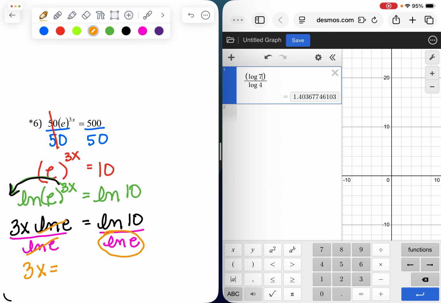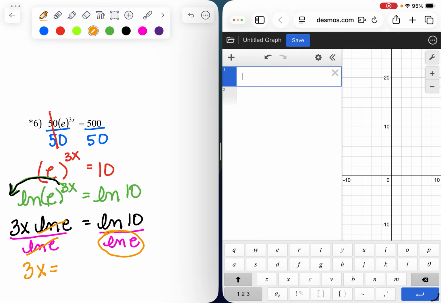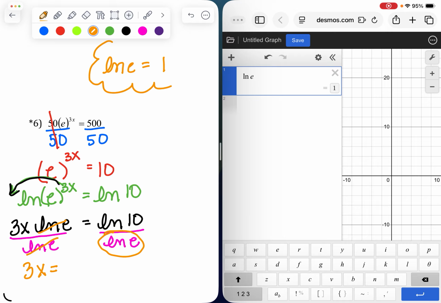Parentheses, ln of 10, close my parenthesis, divided by 3. And then I can round that and get 0.768. And that is the end of page 4.